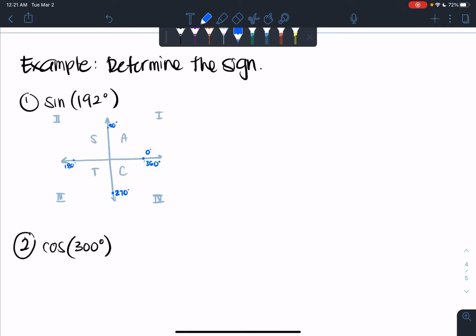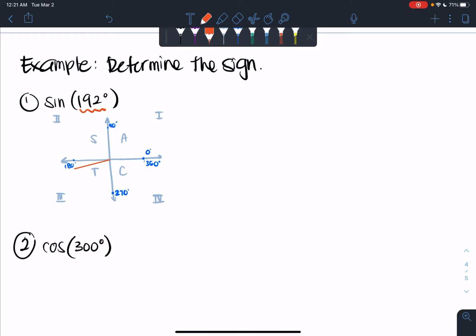All right, so looking at 192 degrees. This angle, if drawn on this coordinate plane, will lie somewhere between 180 and 270. And it would probably look something like this.